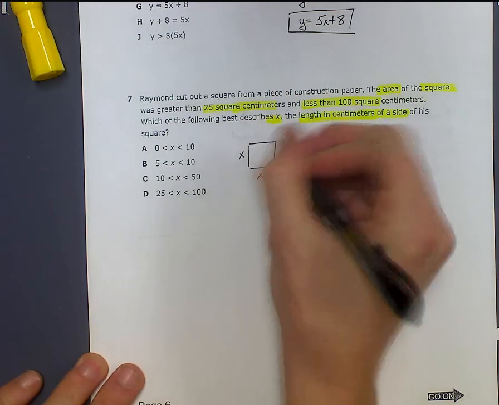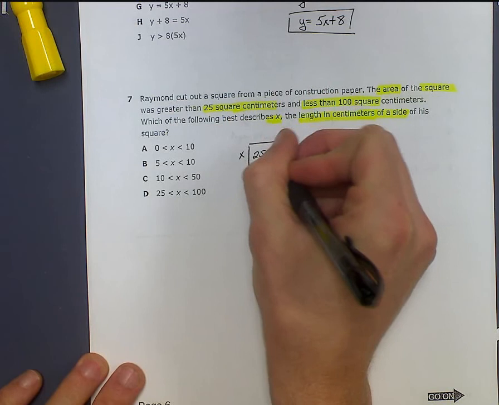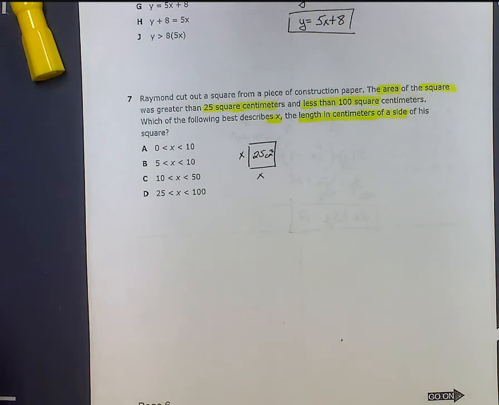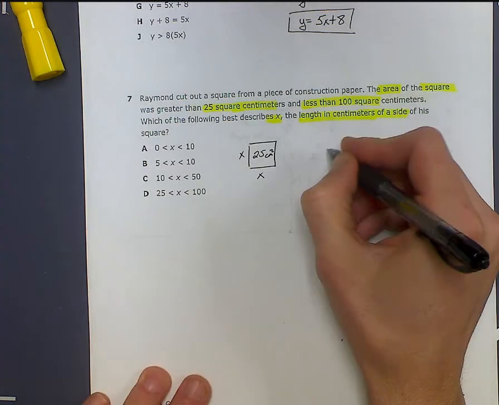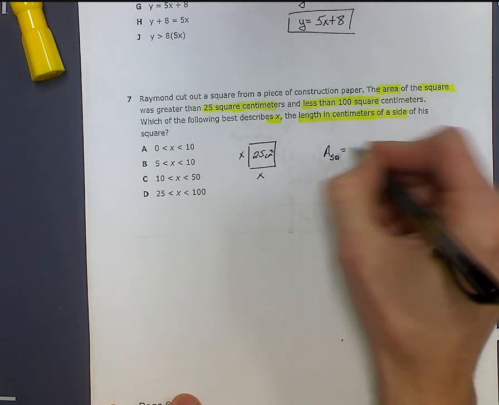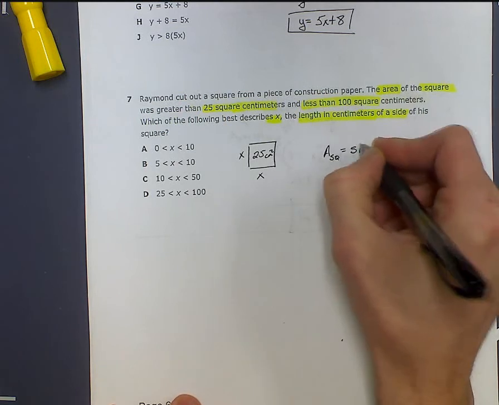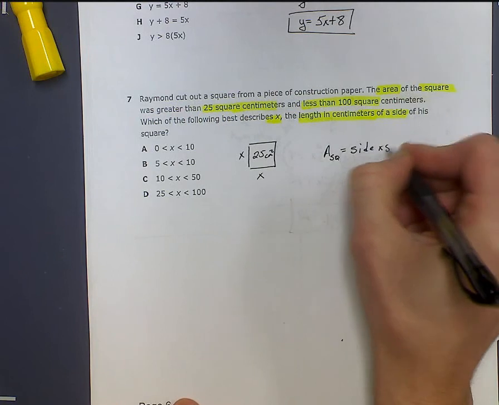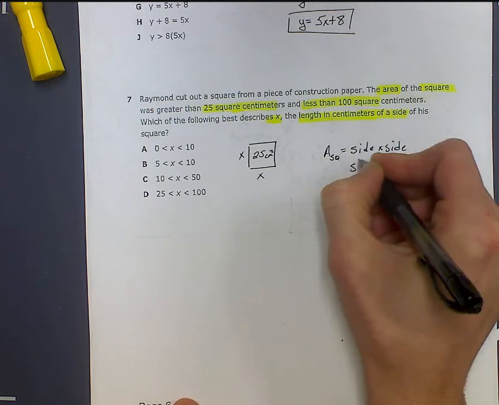And if you weren't sure that it's the same side length, then you could go ahead and use your formula chart. And my formula chart says that the area of a square is equal to side times side, or side squared.